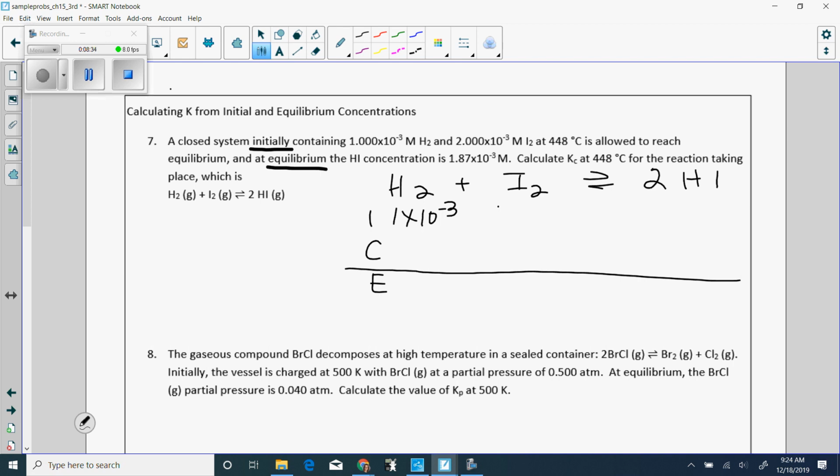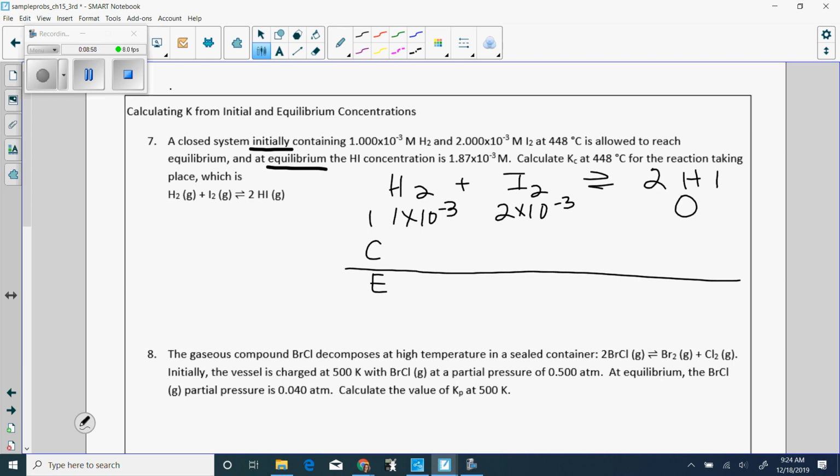And 2 times 10 to the negative third iodine. Now you're going to have to think. Initial time 0. Have I made any product yet? No. Nothing has happened. I have not turned any reactants into products yet. So I can fill that in as well.